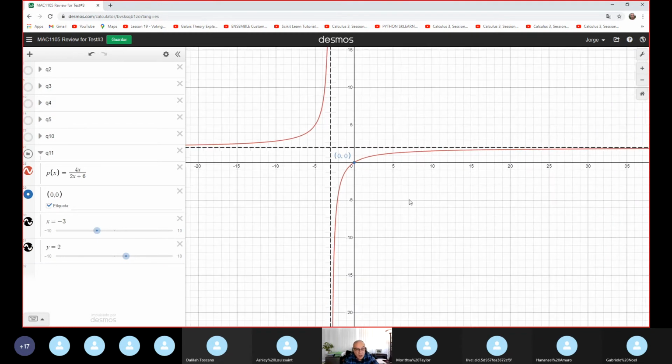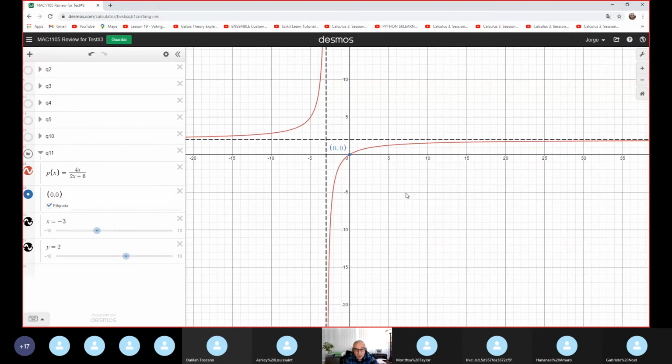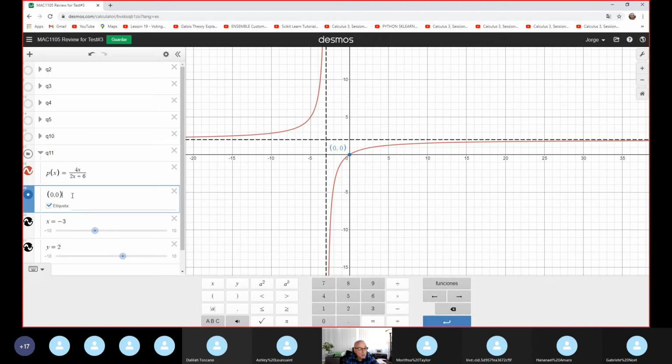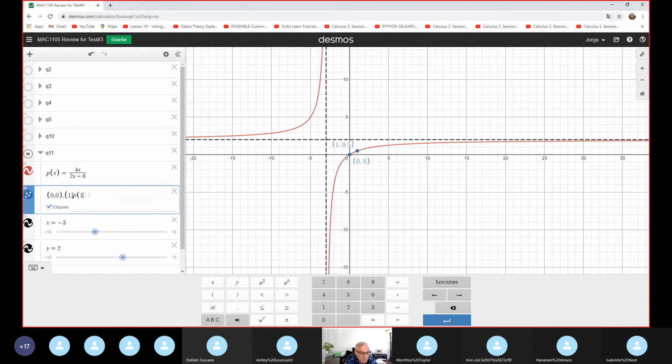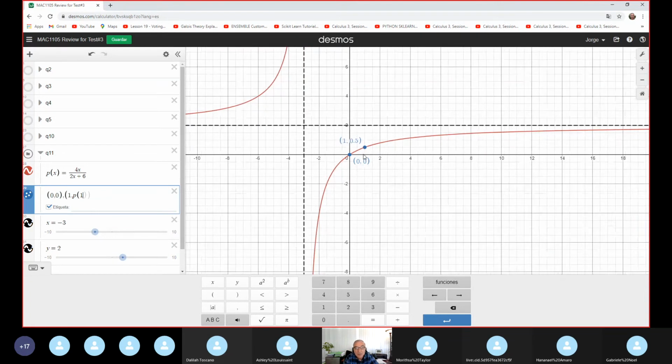And remember, we try to plot some points. I select 1, -1, so I put here, separated by a comma, 1, something. I take advantage of the function notation, and I evaluate directly in P. P of 1. Boom. Okay, look at that. It's half, 0.5.